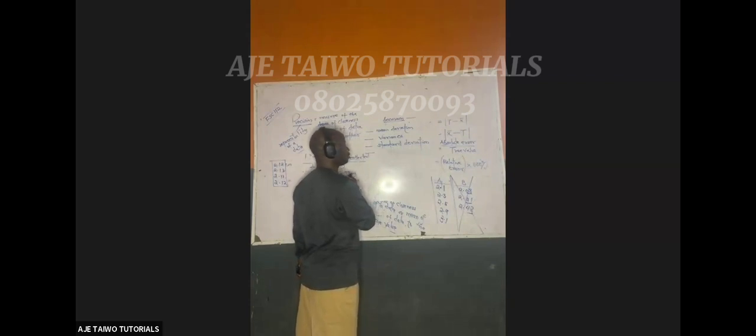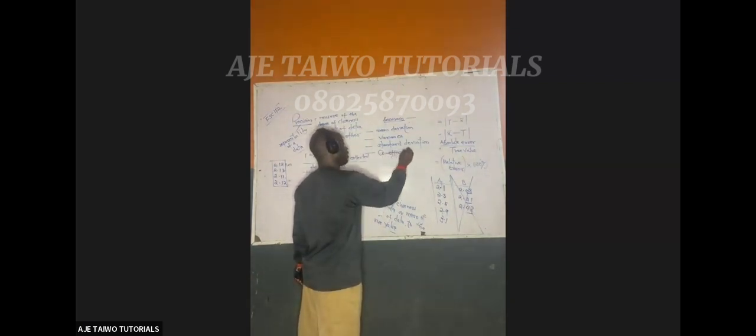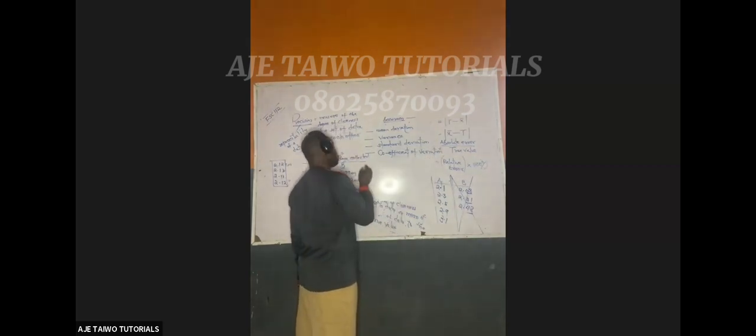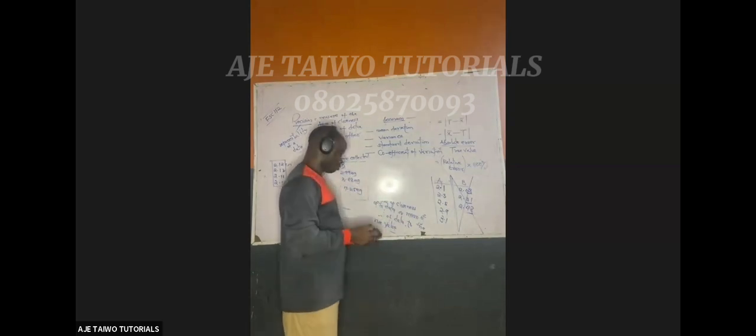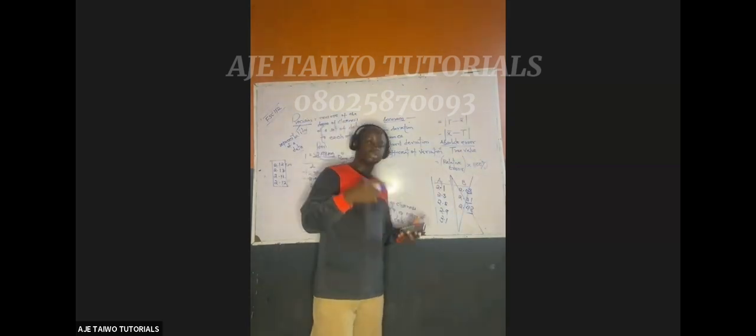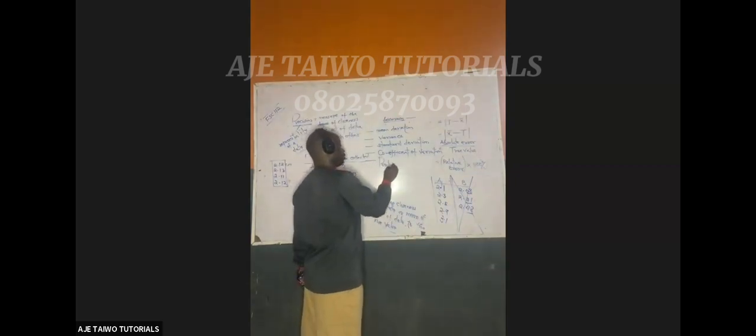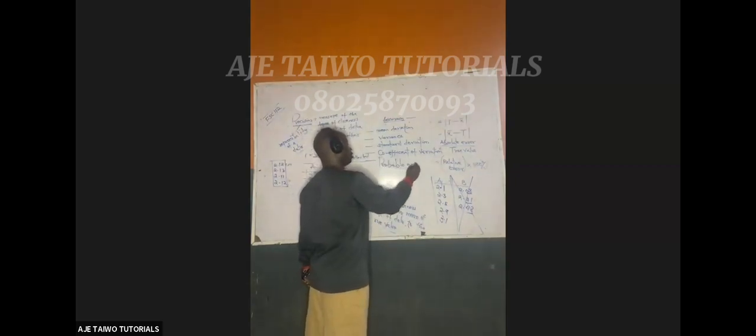Who knows another one? We can use coefficient of variation. We can use probable error. Write it down also. Probable error.